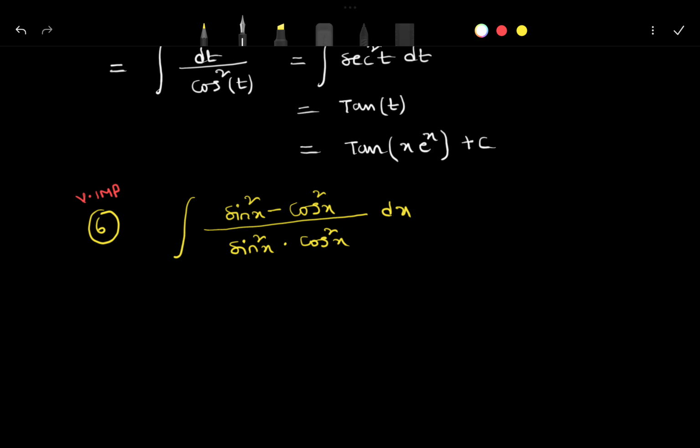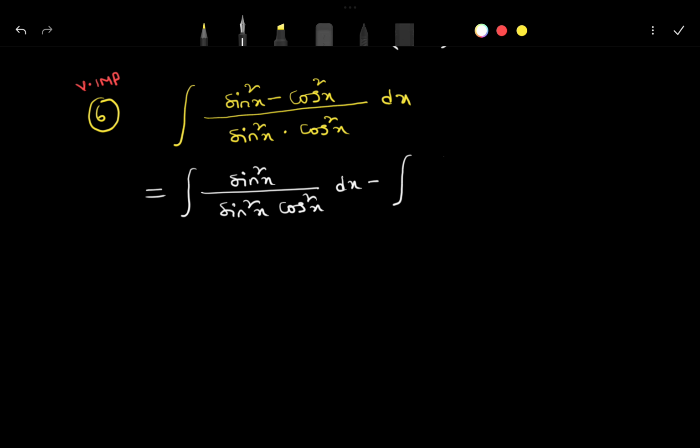Here we can write the integration of sine square x whole divided by sine square x into cos square x into dx, minus the integration of cos square x whole divided by sine square x into cos square x. I hope everyone is clear. Can we write it or not? After writing this, you see in the first term what is common in the numerator and denominator.